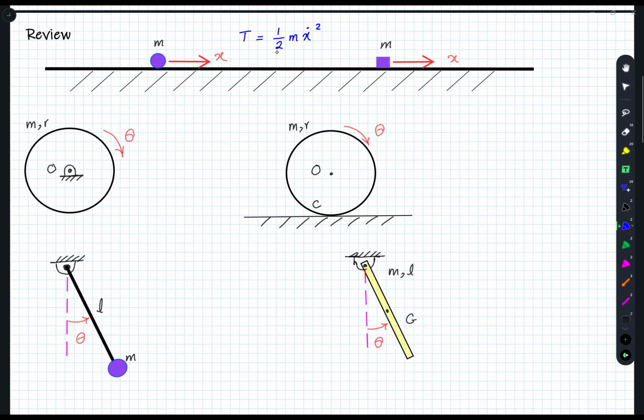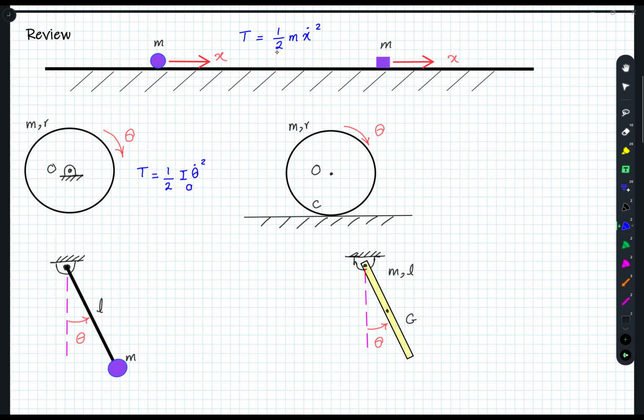But when it's a rigid body like this disk, we learn that the kinetic energy is half of I theta dot squared. And this I, in fact, is with respect to its centroid, IG, which in this case is point O. I can just write it IO.